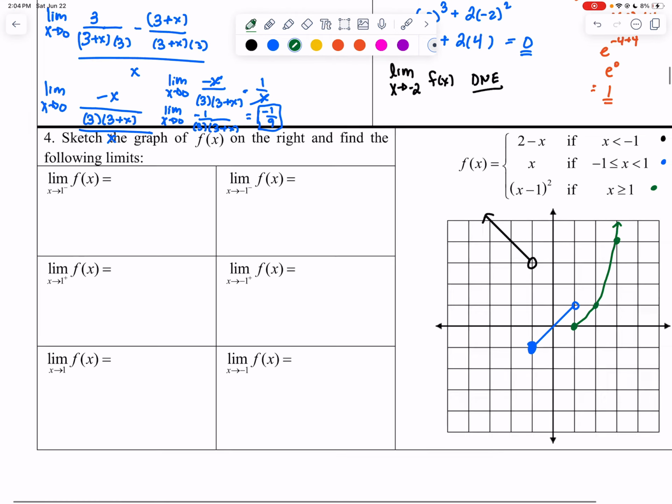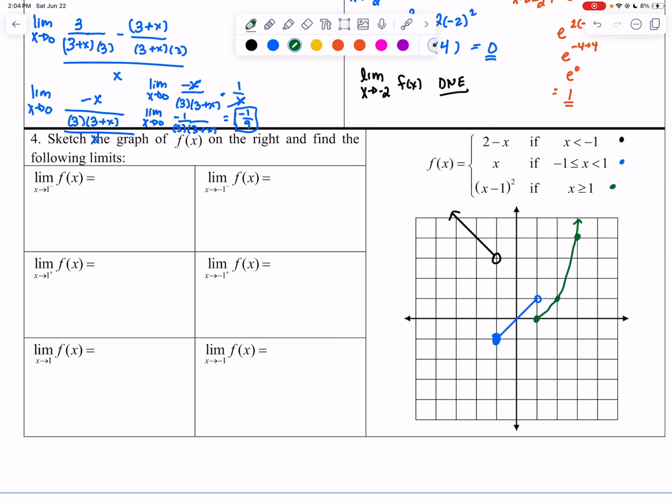Okay, so now I'm going to go ahead and look at the limit as x approaches 1 from the left. So if I were to do 1 from the left right here, that's going to be 1. If I approach it from the right, that's going to be here, which is going to be 0. And notice how they don't match up, and since they don't match up, my limit as x approaches 1 does not exist.